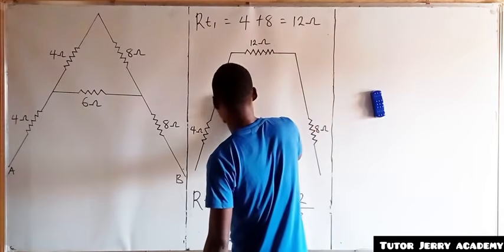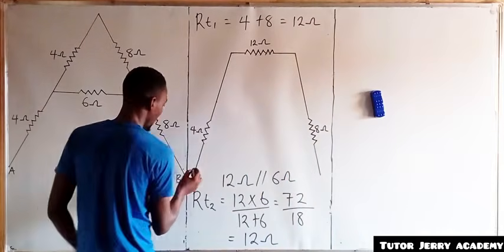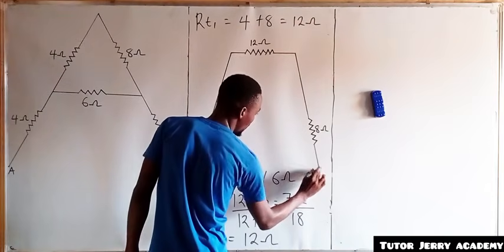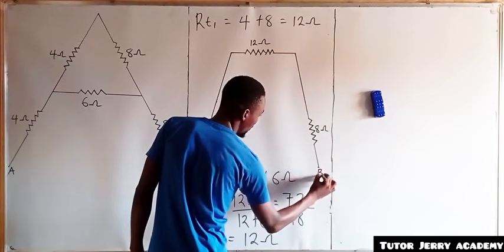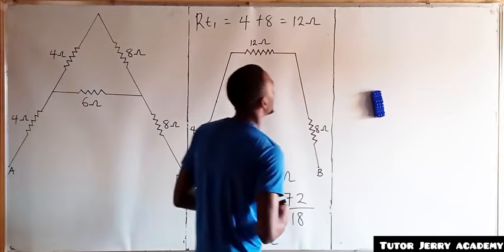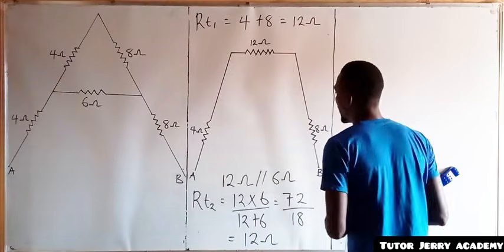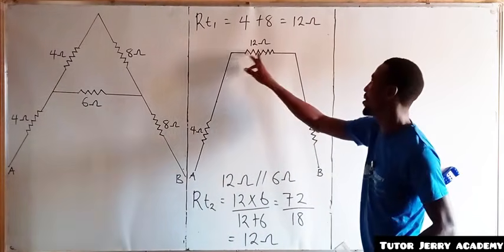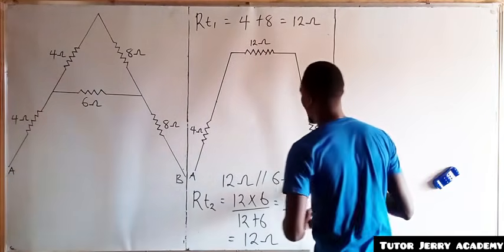Now, don't forget this is our point A, this is our point B. The equivalent resistance now, everything will be in series, because the current that enters here will be the same that will enter here, and the same that will enter here.